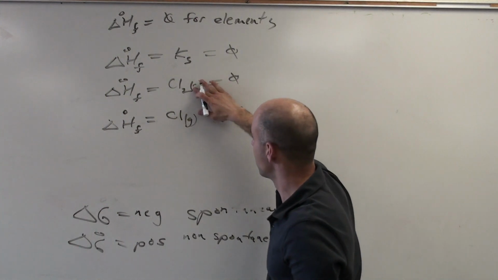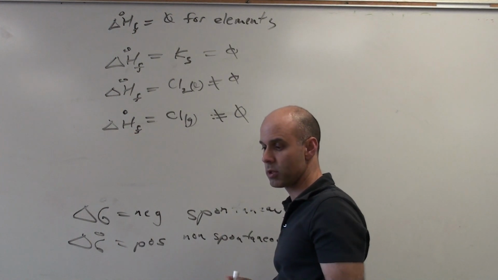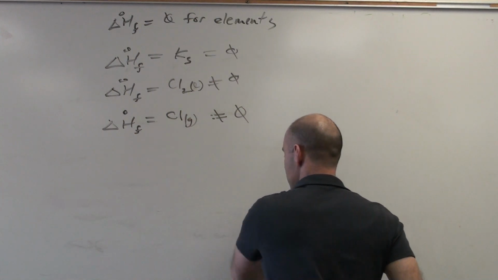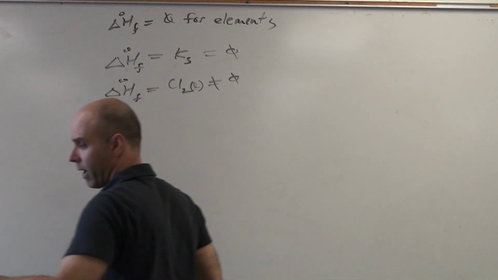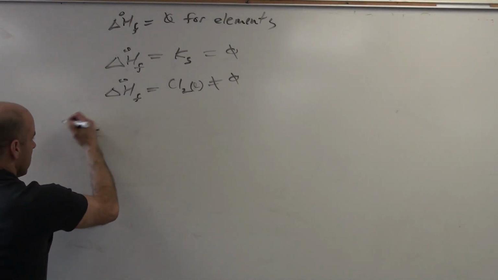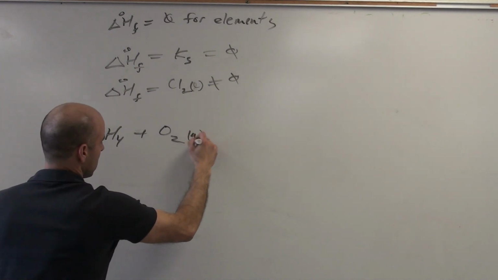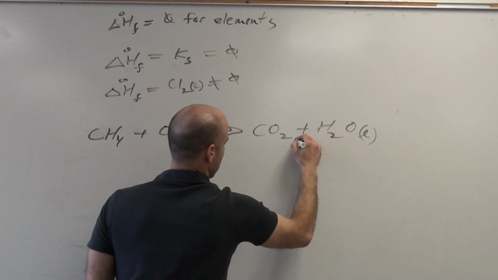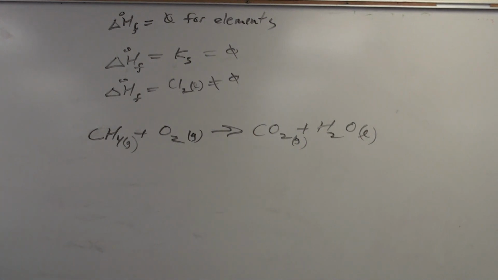If it was liquid chlorine, it would not be 0, okay, because it's not the most common state. And so you look up the delta H of formations, and you use that to calculate how much heat is released in a reaction. So if I had a reaction like CH4 plus O2, balance it out.